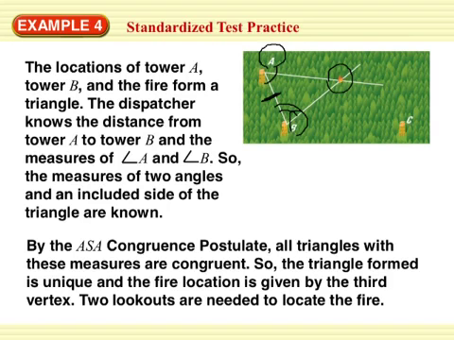So the measures of the two angles and an included side of the triangle are known. By the angle-side-angle congruence postulate, all triangles with these measures are congruent. So the triangle formed is unique, and the fire location is given by the third vertex. Right there. 2 lookouts are needed to locate the fire. So yes, crazy example, which is why we did it together.